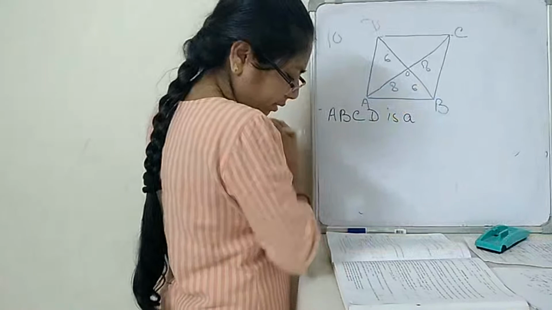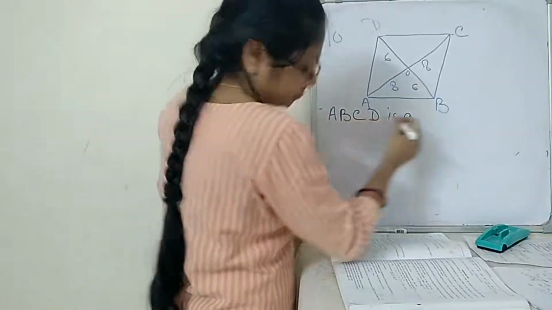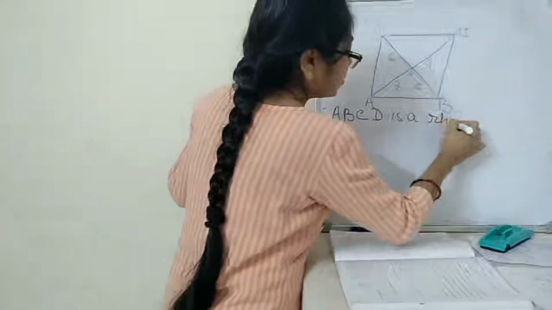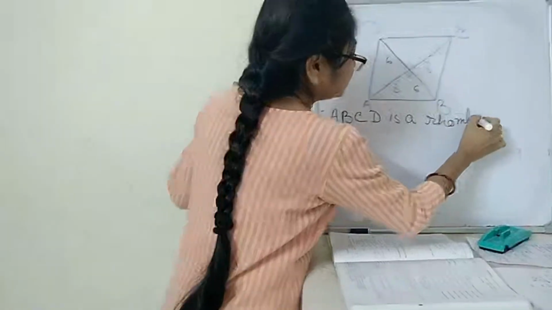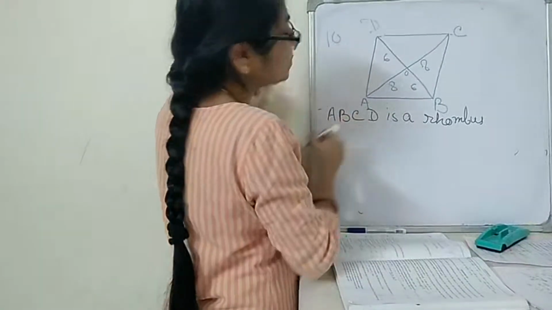ABC is a rhombus. It has two diagonals. They bisect each other.